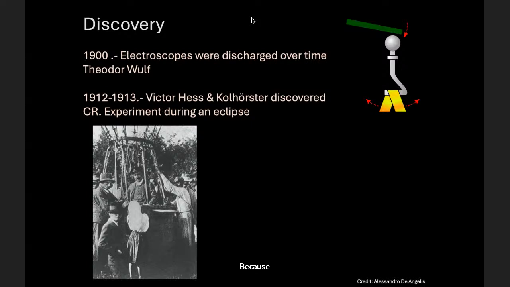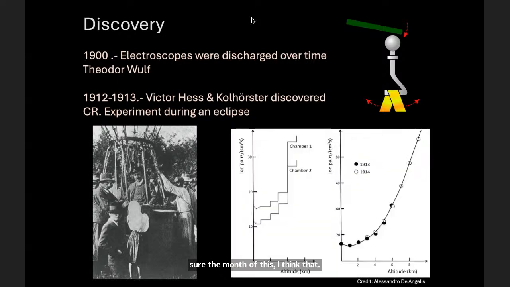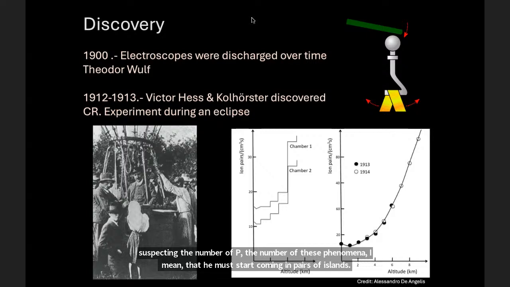So Victor Hess, and a few years earlier Kurt Russell, found... Hess got into a balloon and measured the amount of this radioactivity, of this phenomenon, at different altitudes. And what he found is that it was the opposite. He was counting pairs of ions as a function of the altitude, expecting the number to decrease.